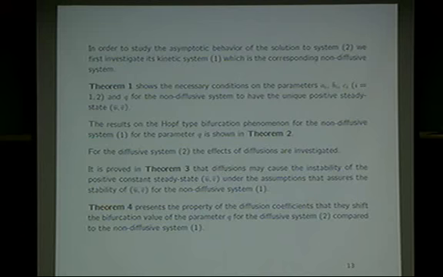So in Theorem 3, we see that diffusions may cause the instability of positive steady states under the assumption that assured the stability for non-diffusive system. And in Theorem 4, we will see another effect of diffusion that changes the bifurcation value Q compared to the non-diffusive system.